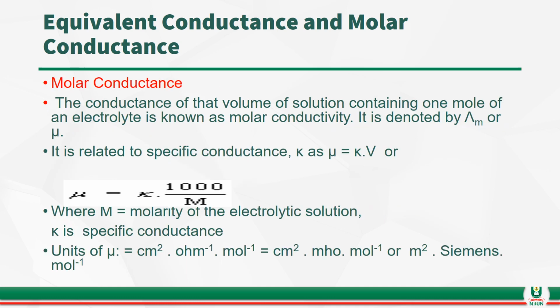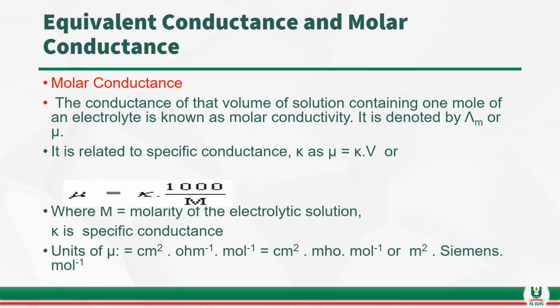A molar conductance. By molar conductance, what are we referring to? Molar conductance is the conductance of that volume of a solution containing 1 mole of an electrolyte. It is denoted by inverted V M or lambda M, or mu.